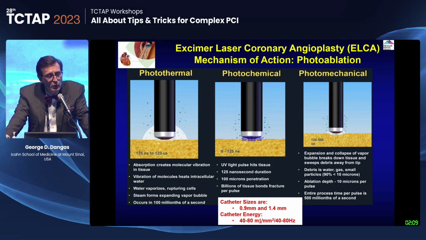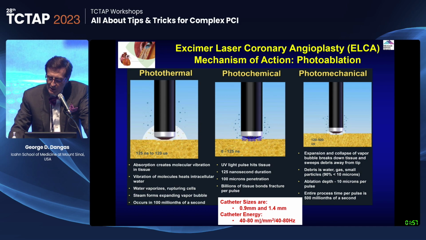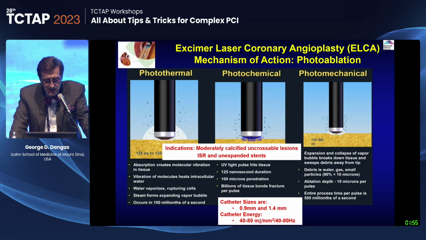It can be particularly handy if you have a calcific nodule that prevents you from advancing equipment and going forward, whereas you can do other techniques once you get rid of that initial bump that doesn't allow anything to be advanced. It's particularly helpful for uncrossable lesions.